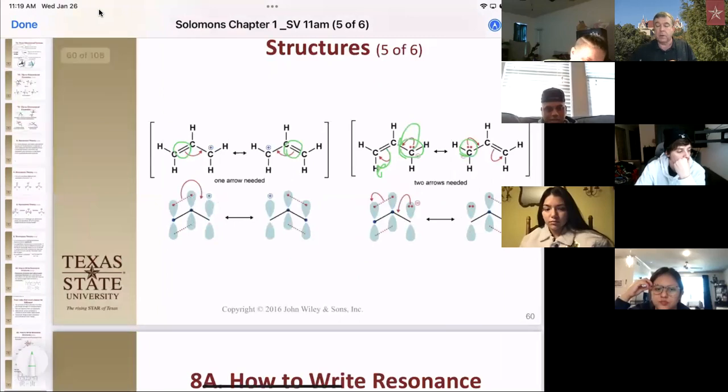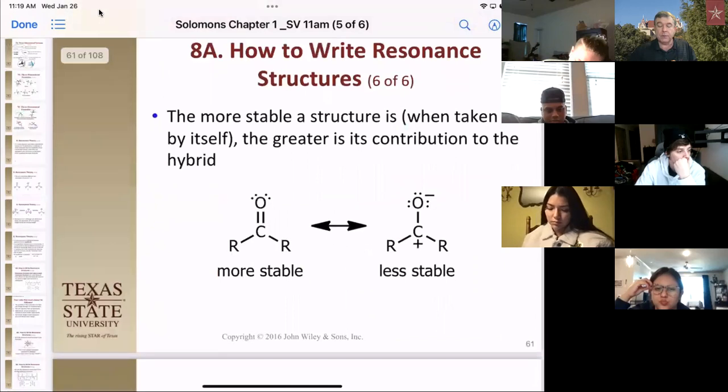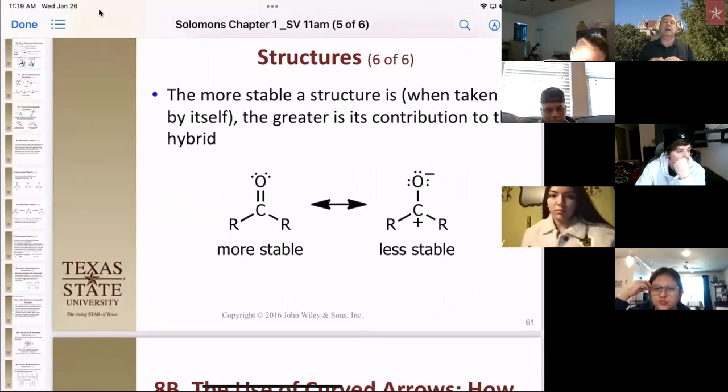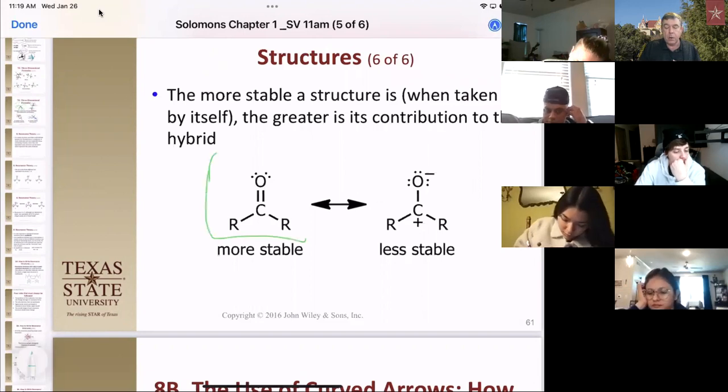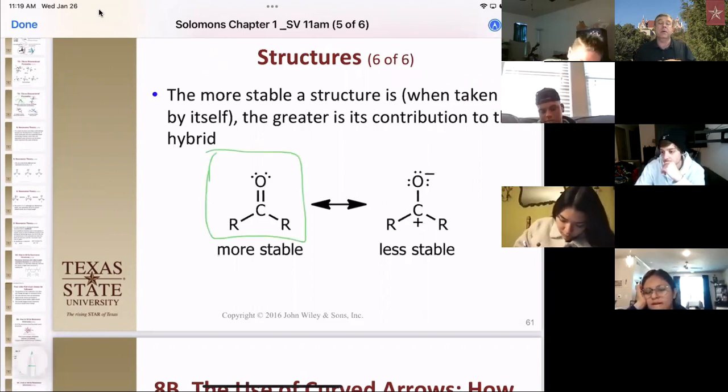Okay, so let's dig a little deeper on how to write these. The first thing we want to do is find a valid Lewis dot structure, okay? If we were to write the valid Lewis dot structure for this compound here, we would end up with a neutral molecule because the formal charge on all of the atoms is 0.